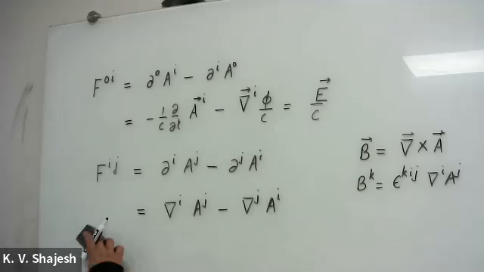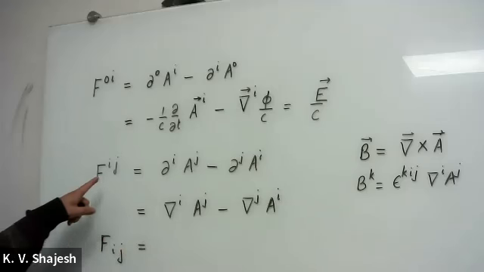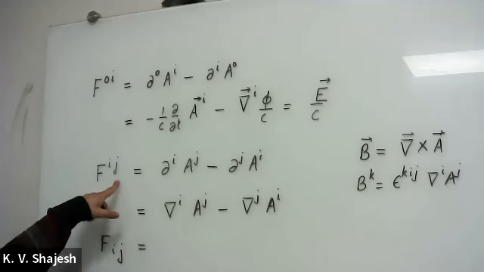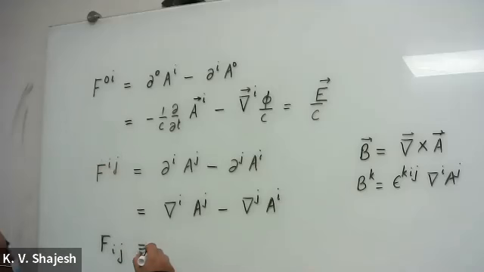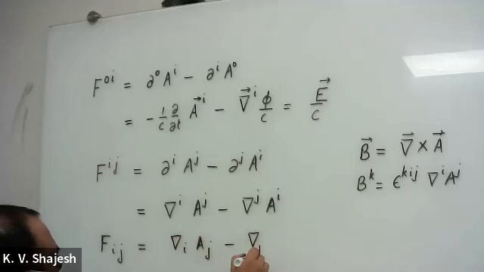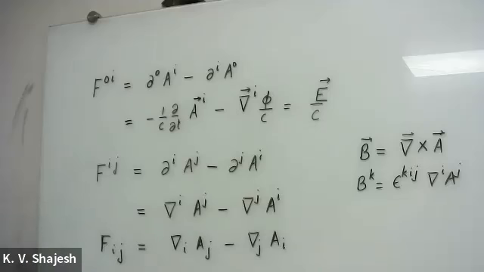Let me bring this all down. Since it is all spatial piece, it doesn't matter, nothing is going to change. So that's the same as del i A j minus del j A i. Only when the time piece comes do I have to worry about the sign changes.